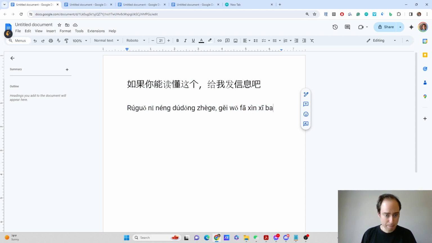And you'll notice that it has these accent marks, and these accent marks tell you which tone to use. So for this one, it would be a rising tone. And then this one goes down and then up.